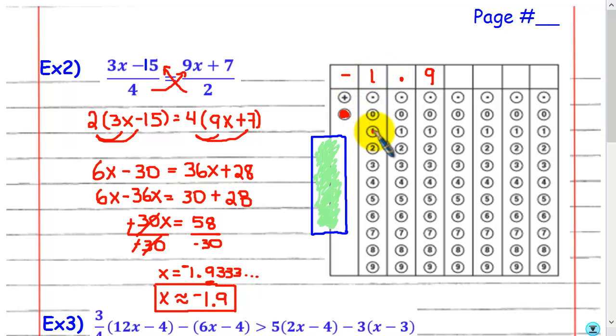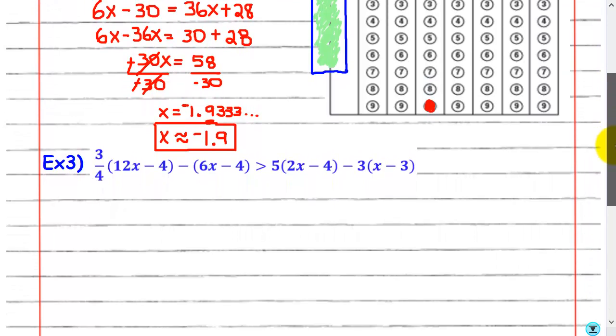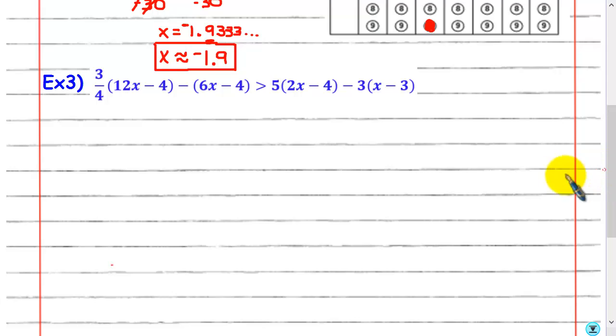So, negative 1.9. Okay, and you can leave the other one blank. All right, so that concludes example number 2 of our lesson. So let's go on to the next and final example of the lesson.